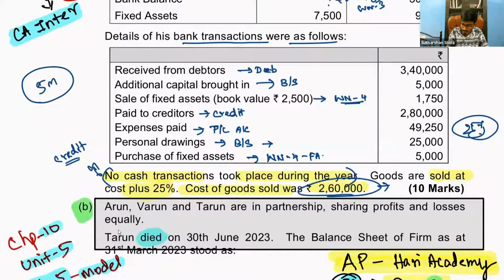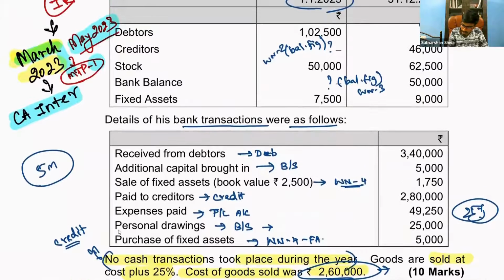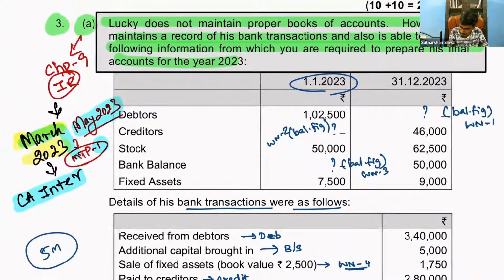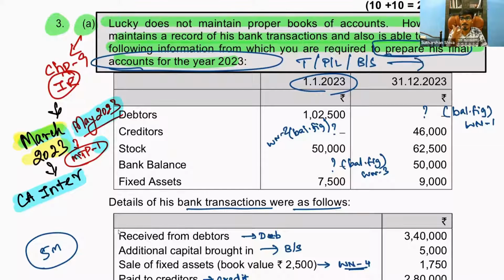If you notice in this question, they ask us to prepare his final accounts for the year. Final accounts for the year means the trading account, P&L account, and balance sheet should all be there. For preparing the balance sheet, I need the capital. For that capital, I will prepare the opening balance sheet, or the balance sheet of the previous year.